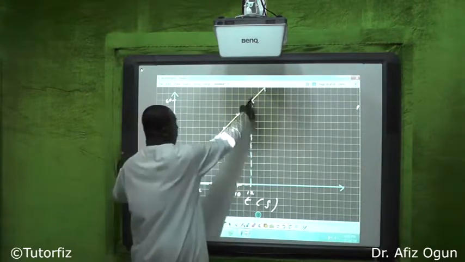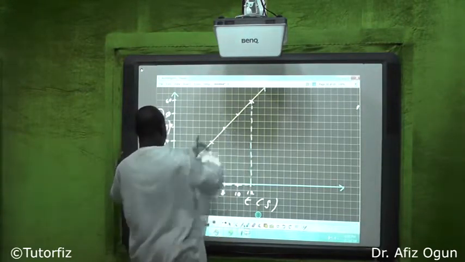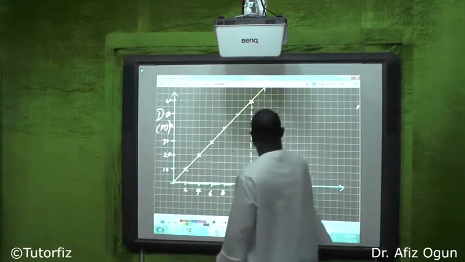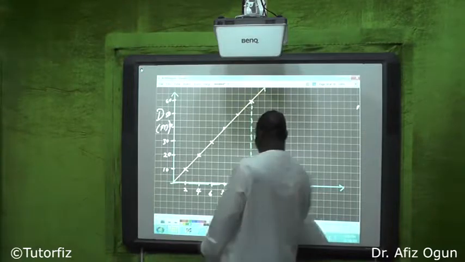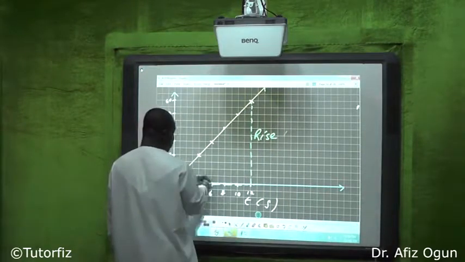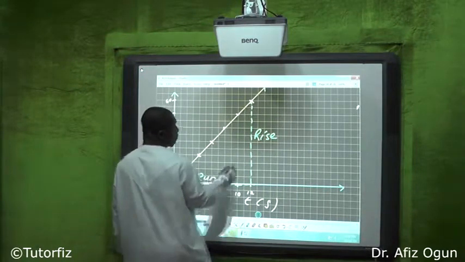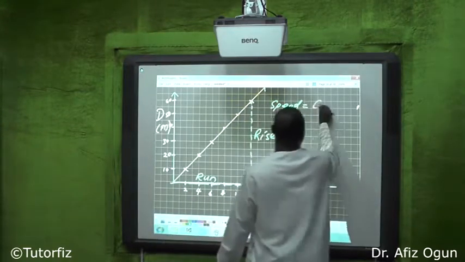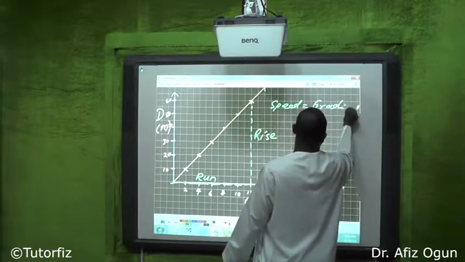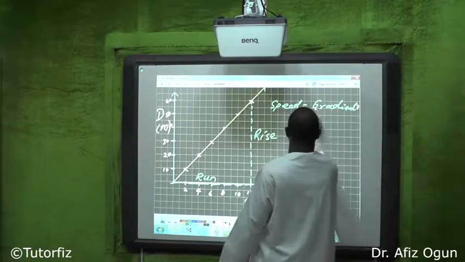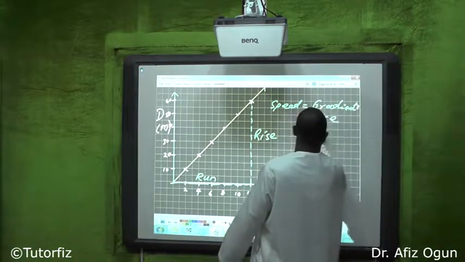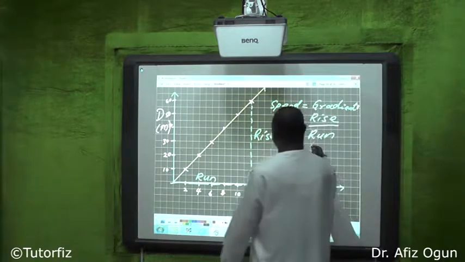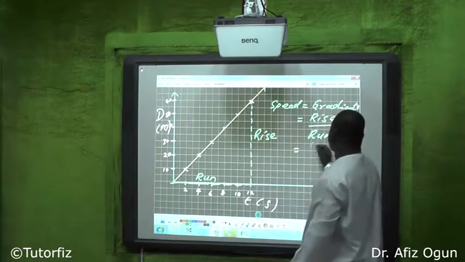So my rise now is from 0 to 60. This line. So that is my rise. And my run is from 0 to 12. So you say speed equals gradient, which equals rise divided by run, which equals vertical divided by horizontal.